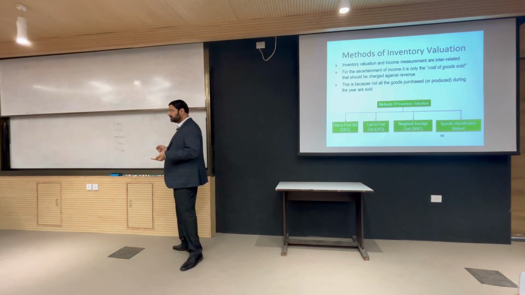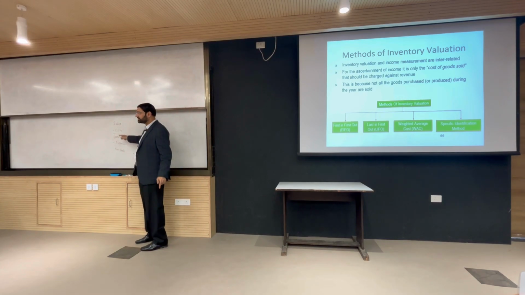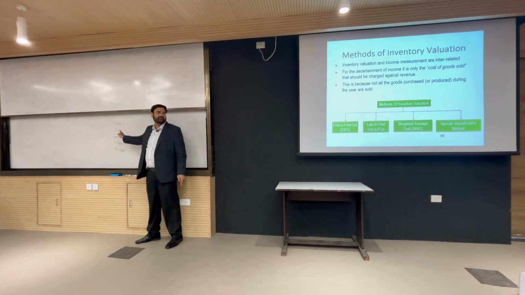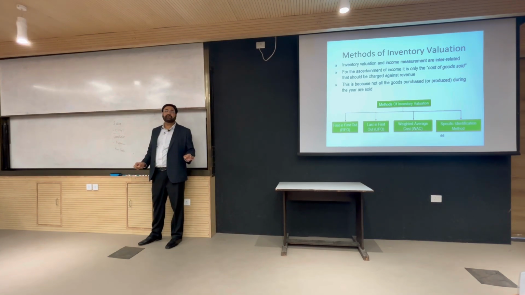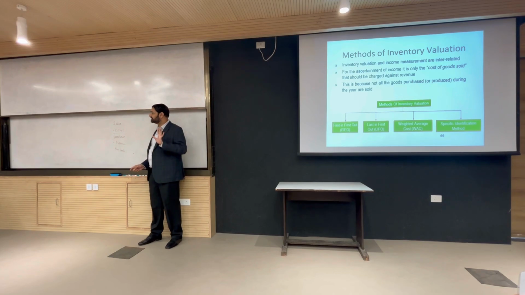If it is sold, it will go to your profit and loss account under cost of goods sold, and if it is unsold, it will remain with you as inventory in your balance sheet.